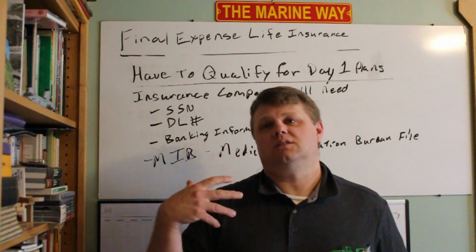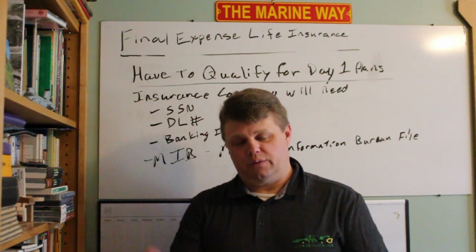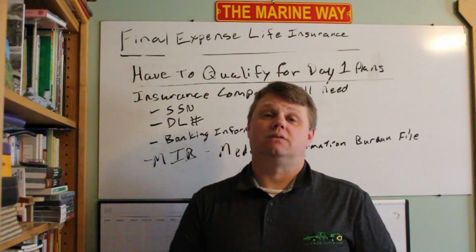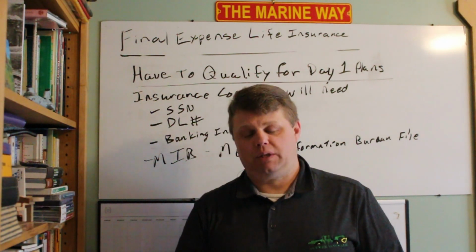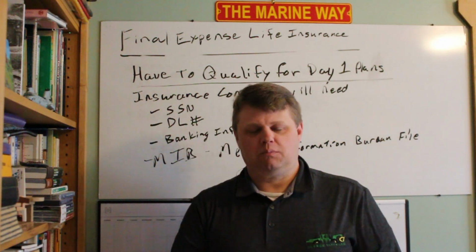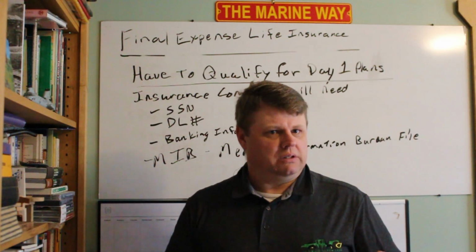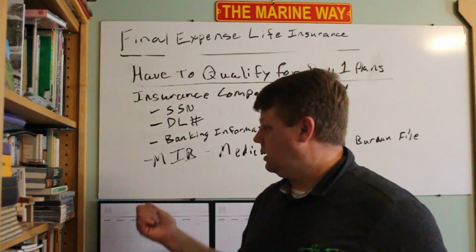Think of this as your credit score for your health history. So it includes things like the prescriptions that have been billed to your health insurance plan, procedures that have been billed to your health insurance plan, mostly everything that's been billed to your health insurance plan. That's where they're going to get it.